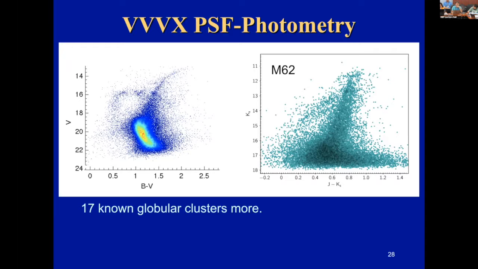So there's a lot of things to do, but for now just know that we have this first attempt at VVV-X PSF photometry. These are ideas that we can also discuss. Dante was asking for things to do with the VVV-X. Here are some. We can start writing papers this afternoon.